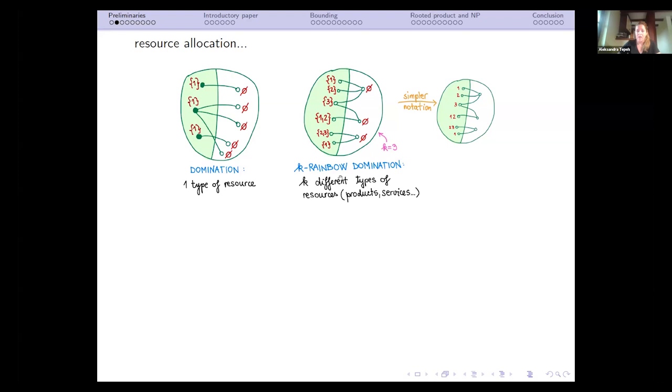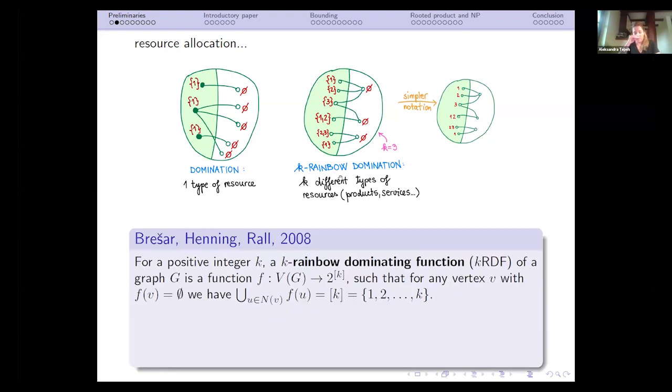So if we take a look at the formal definition, Brešar, Henning, and Rall introduced this concept in 2008. And they say that a k-rainbow dominating function is a function that assigns to the vertices of the graph subsets of this set of so-called colors.